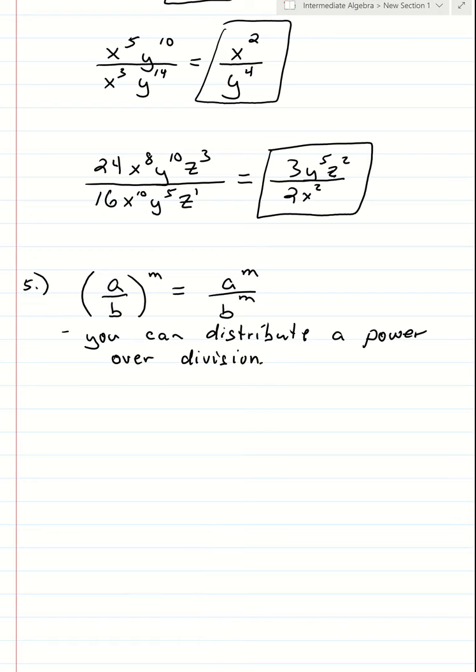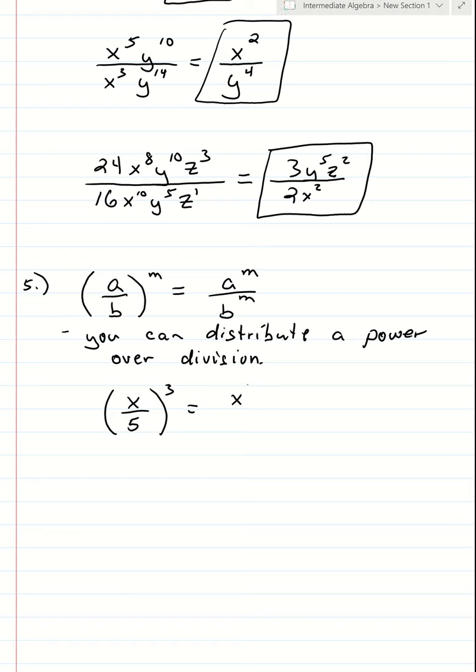If you can distribute a power over multiplication, you can also distribute a power over division. So let's just do an example or two. If we had, let's say, x over 5 to the third power. Now what we want to be able to do is to distribute the exponent of 3 over this division.